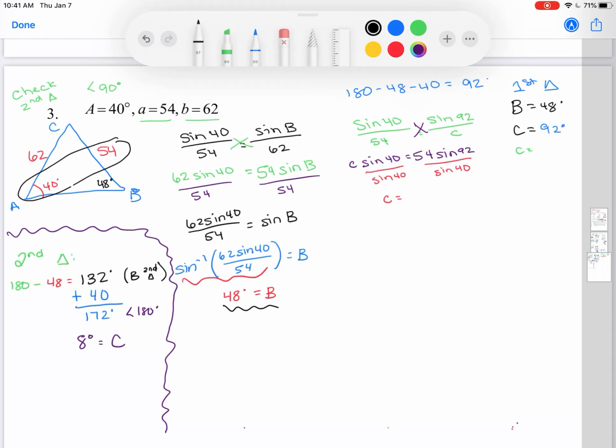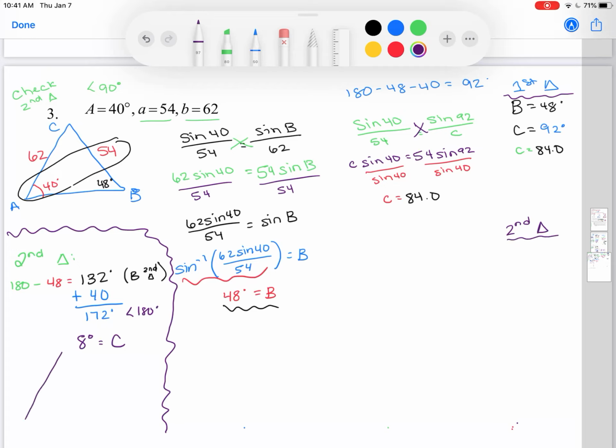And my little c, when I get into the calculator, is going to tell me that I have 84. And again, if we're rounding to the nearest tenth, this would be 84.0. So that is the answer to the first triangle. But I know I have a second triangle. So now I'm going to do basically the exact same thing, but for my second triangle.